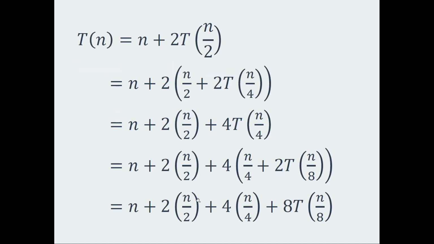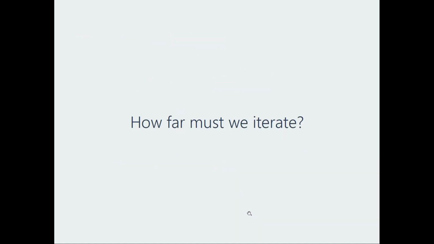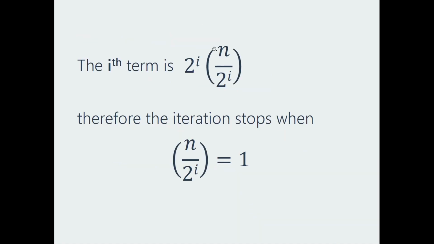For example, n over 2 is the first halves, and this is when we divided it by 2 again, so we have 4, and so on and so forth. So the iteration stops when n over 2 raised to i is down to the individual elements. n over 2 raised to i is equal to 1.